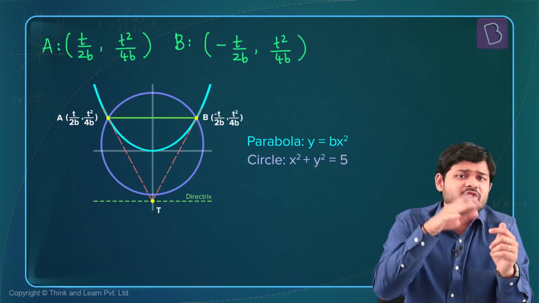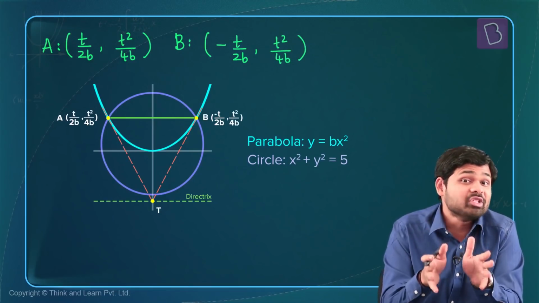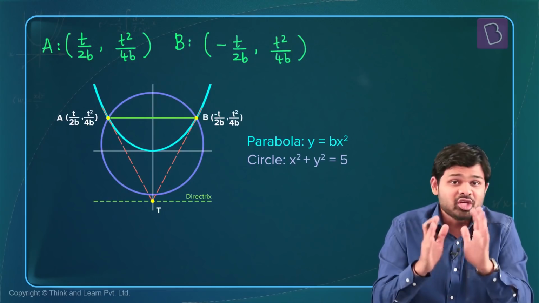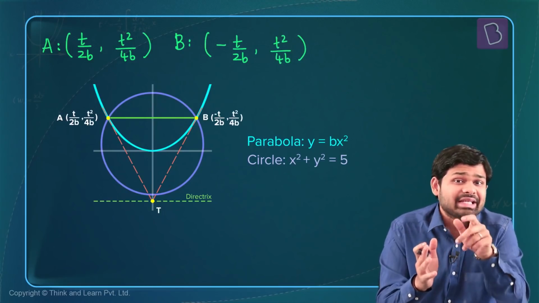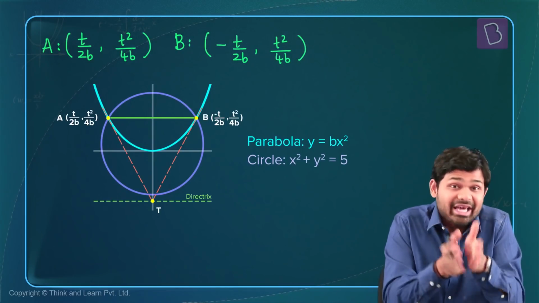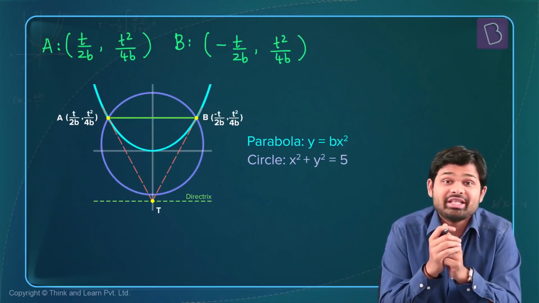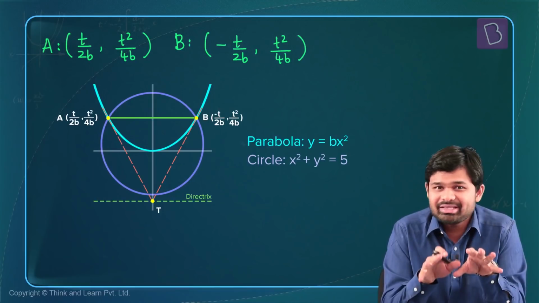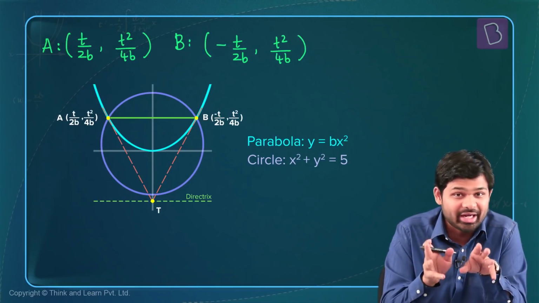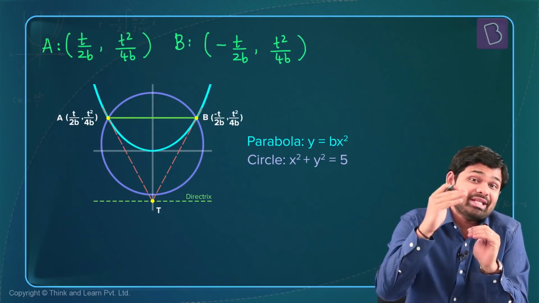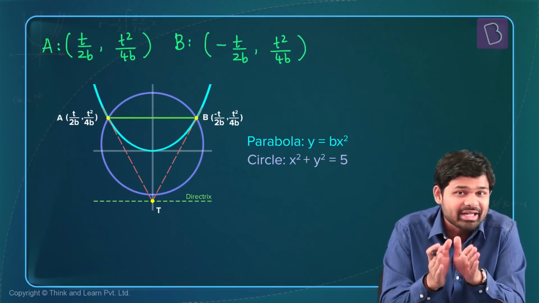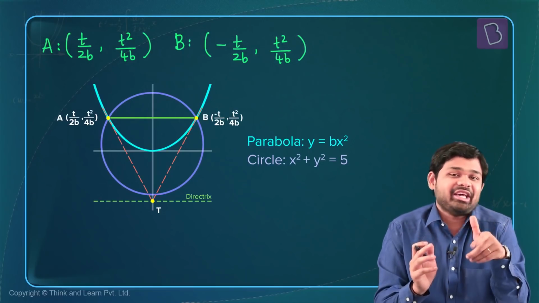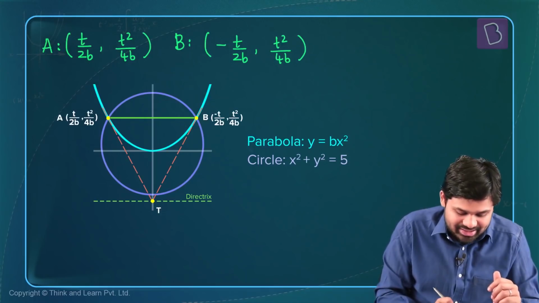Even if the parabola was a downward facing parabola, this would have been the same case. So t will have a plus or minus in the x coordinate, but the y coordinate is going to stay the same. That's going to be t square divided by 4b. The reason why this is true is because the parabola is not a right or left parabola. The parabola is an up or down parabola, so the y coordinate of that point will remain the same. The x coordinate will just swap in sign.